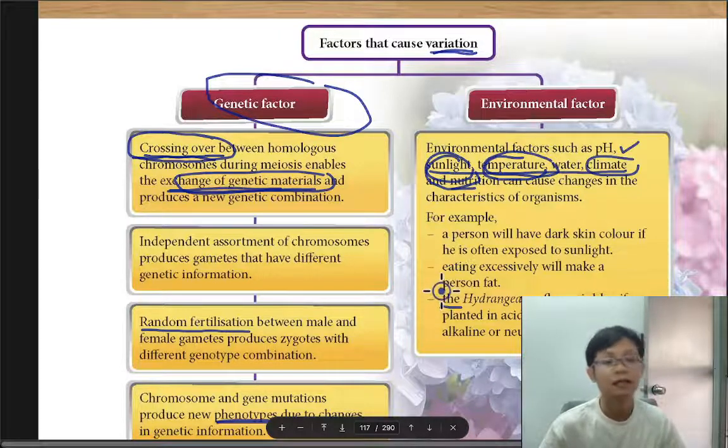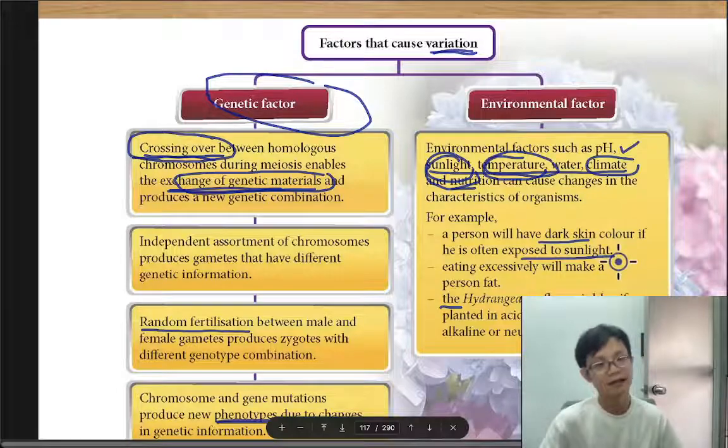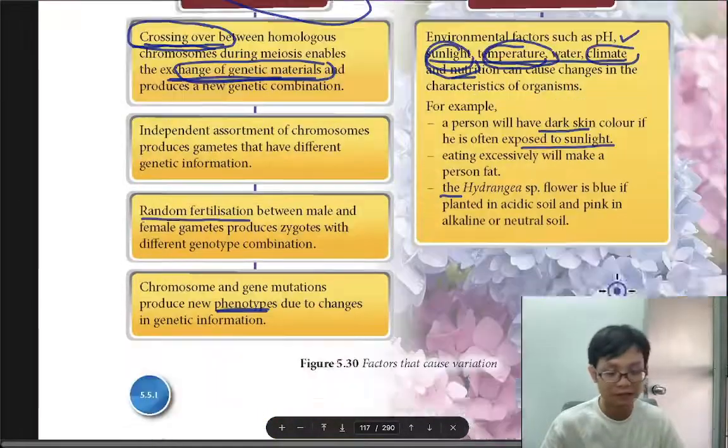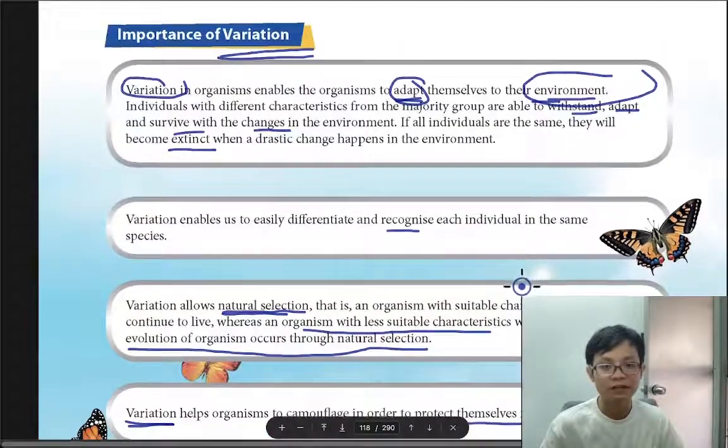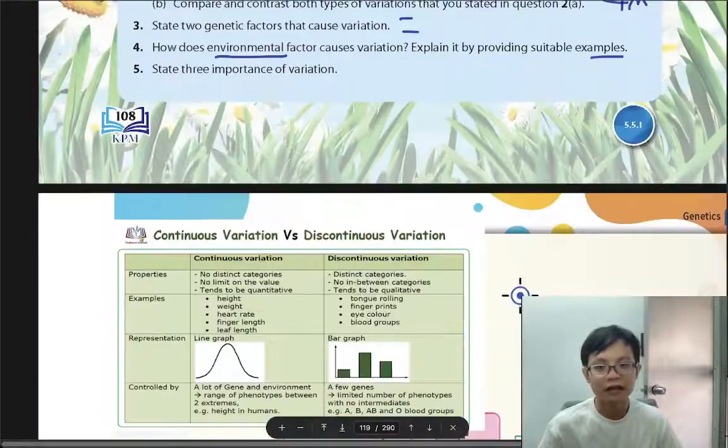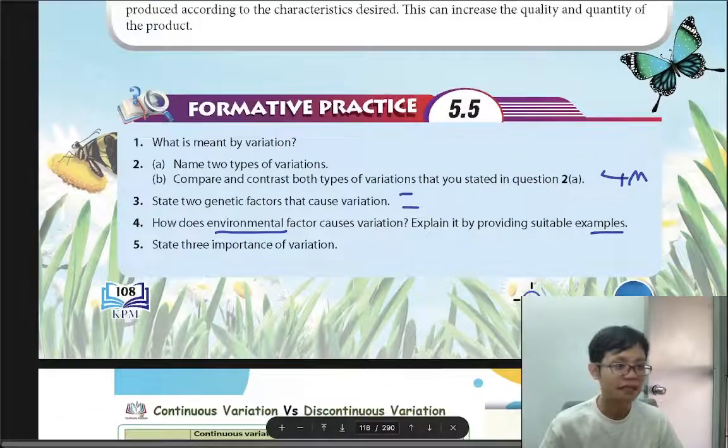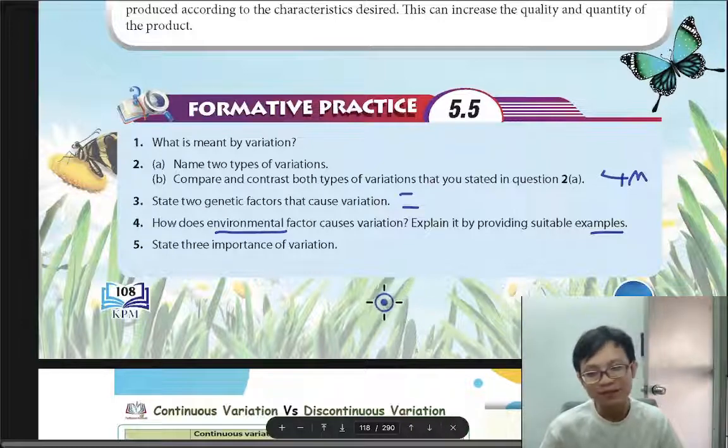You just make it simple. So you can say a person will have darker skin if he is always exposed to sunlight. That should do it already, okay? If you don't believe me, every day go under the sun and see whether your skin will become forever black or not.